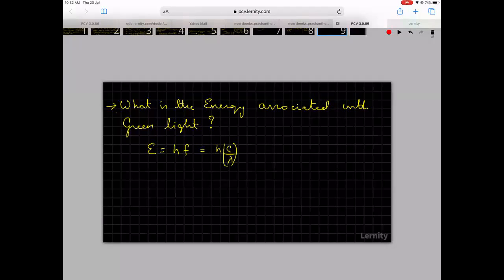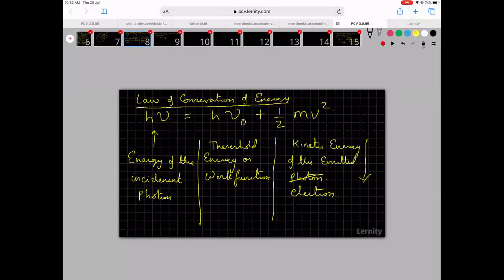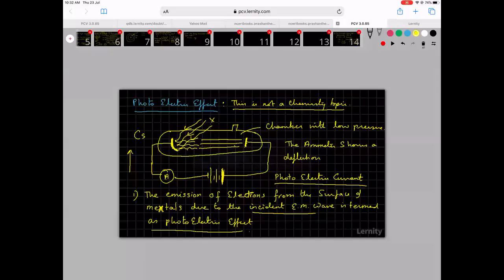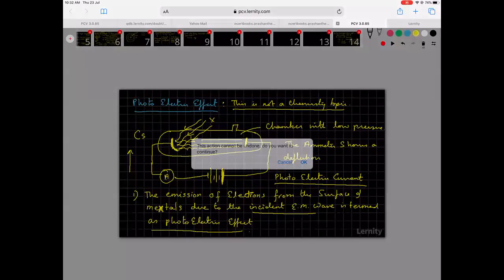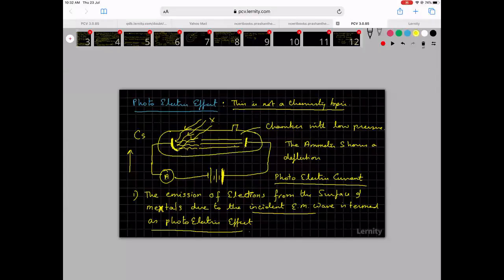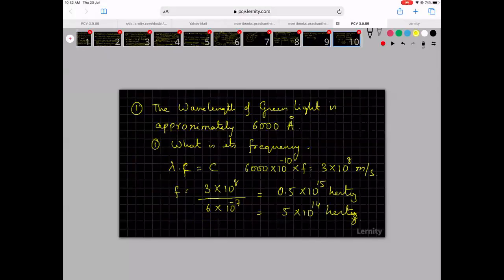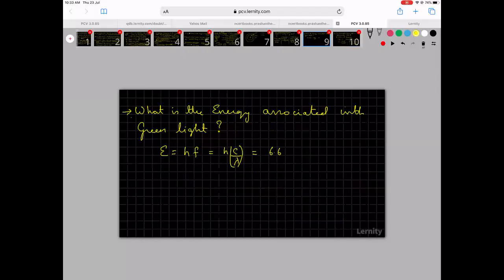The frequency is 5 into 10 power 14. So h is 6.6 into 10 power minus 34 into 5 into 10 power 14.